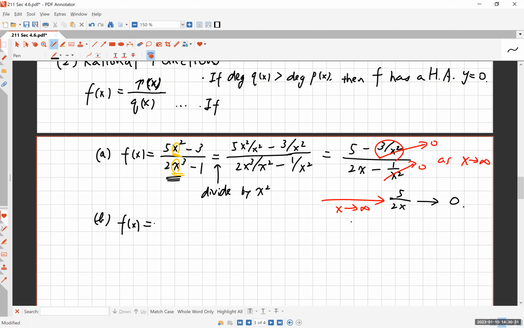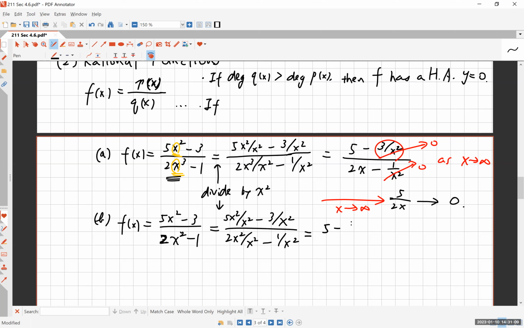Now the second example, if f of x is, let's say, 5x squared minus 3 over 2x squared minus 1. The only difference is I changed this 3 into the 2. Now what's going to happen? I'm going to do the same thing. I divide the top and the bottom, each term by x squared. So you get 5x squared over x squared minus 3 over x squared, 2x squared over x squared minus 1 over x squared.